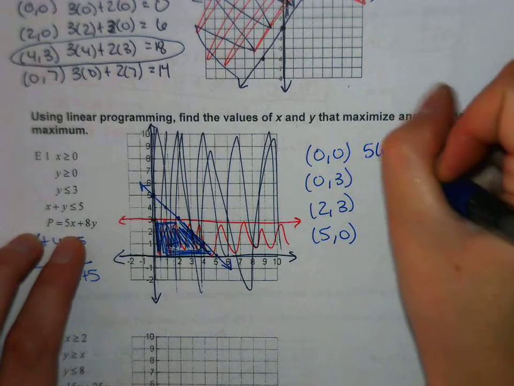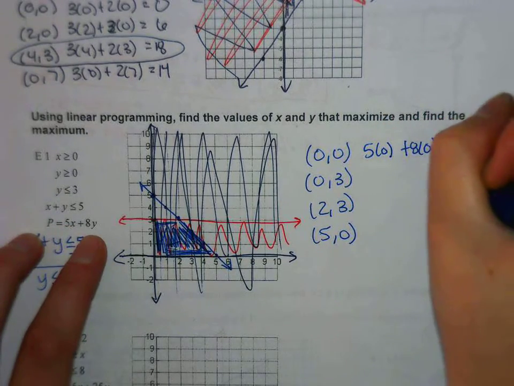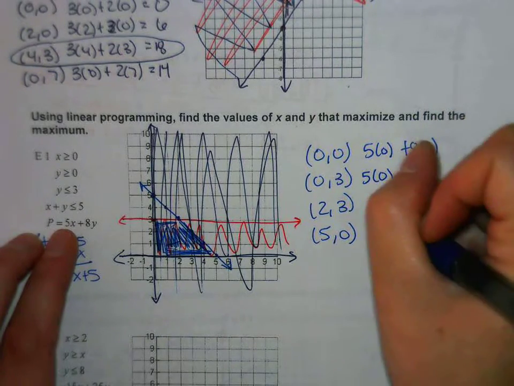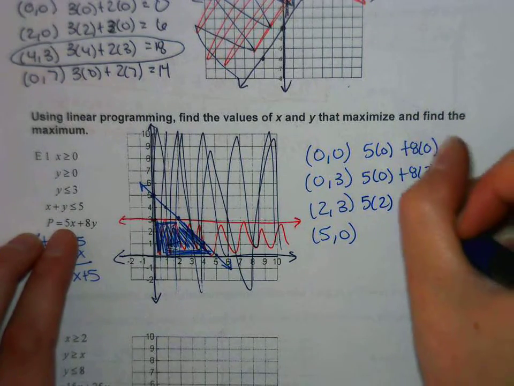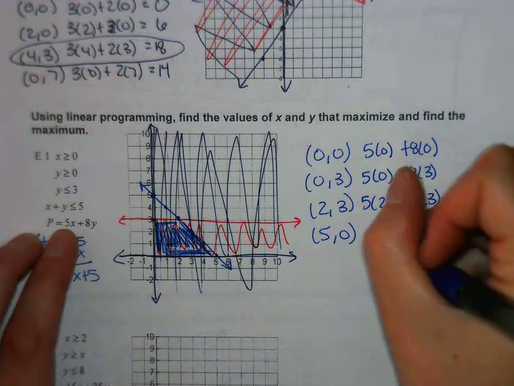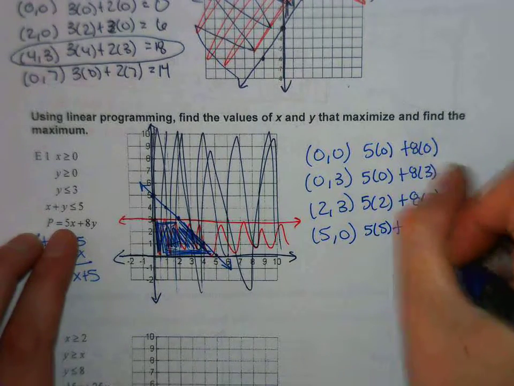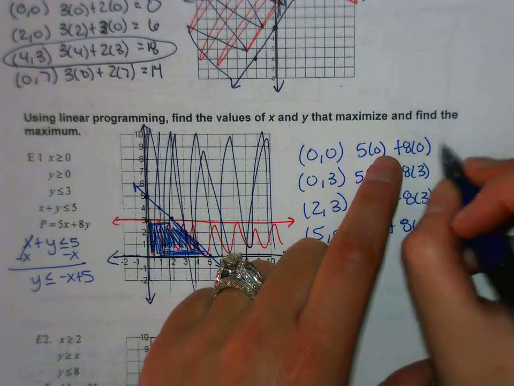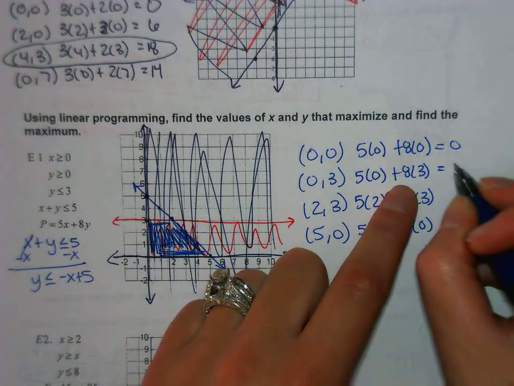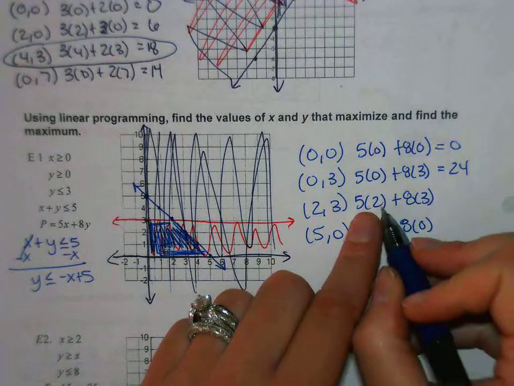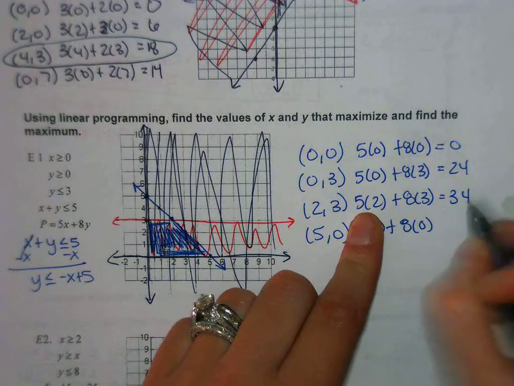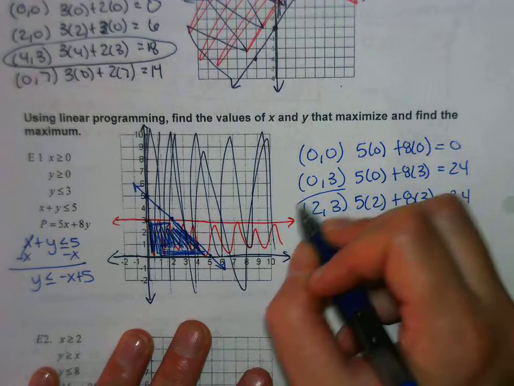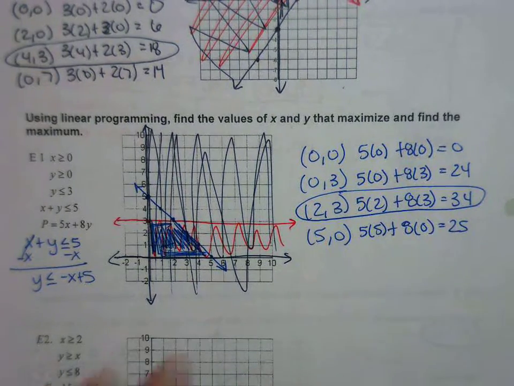We do 5 times 0 plus 8 times 0, 5 times 0 plus 8 times 3, 5 times 2 plus 8 times 3, 5 times 5 plus 8 times 0. So this one equals 0. 0 plus 24 is 24. 10 plus 24 is 34. And 25. So our maximum vertex is 2, 3, and the maximum value is 34.